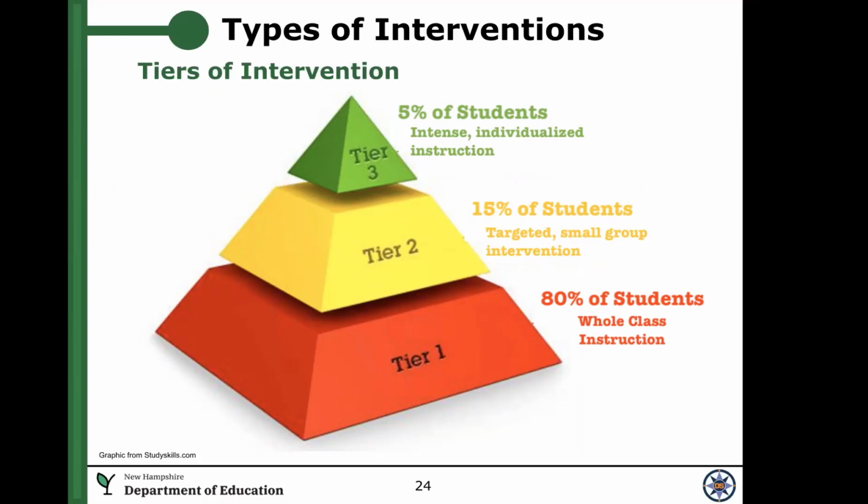If you have roughly 15%, maybe 20% of your class that isn't getting it, so it's a little bit smaller group, that might be tier 2, that small group targeted intervention. For those 5%, those real outliers who are just really not getting it, maybe you've done that tier 1 and tier 2 instruction and they're still having trouble, that's where you move on to tier 3, and that's intense individualized instruction.